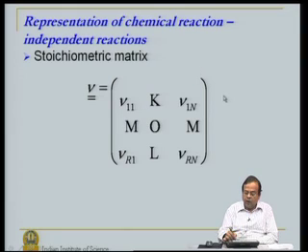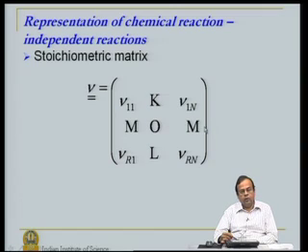So, for our example that we previously saw, this is my first reaction, that is reaction between carbon monoxide and hydrogen. This is my second reaction, let us say, between carbon dioxide and hydrogen, and this is my third reaction, which is between carbon dioxide and hydrogen. Recall, we had written this third reaction as sum of these 2 reactions.